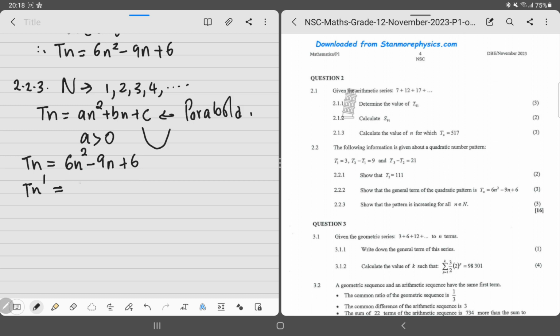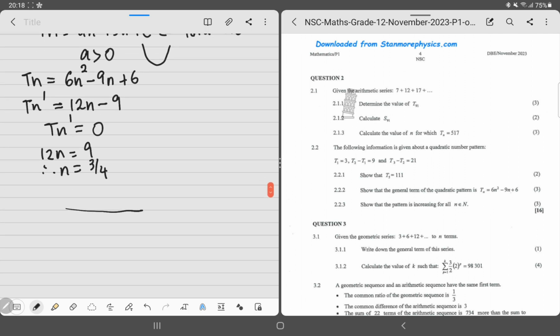Tn prime, we find the derivative. This is 12n minus 9. And we know that the gradient at the turning point is equal to 0. n should be equal to 3 over 4. So somewhere there, I'm going to have n equals 3 over 4.